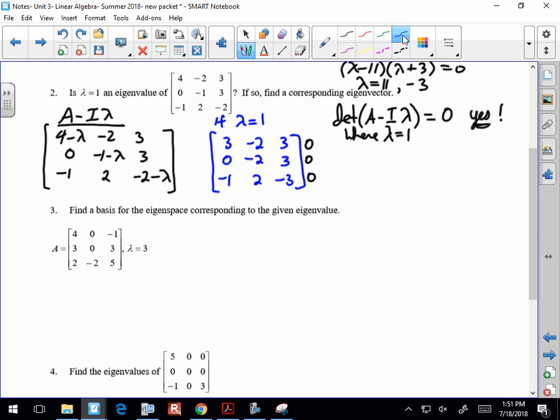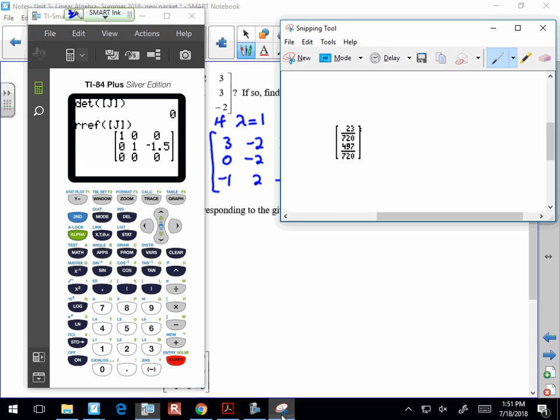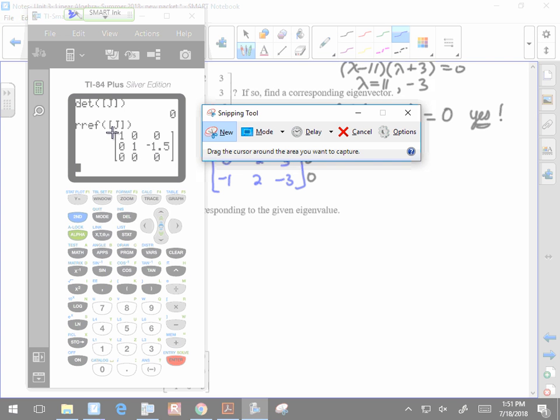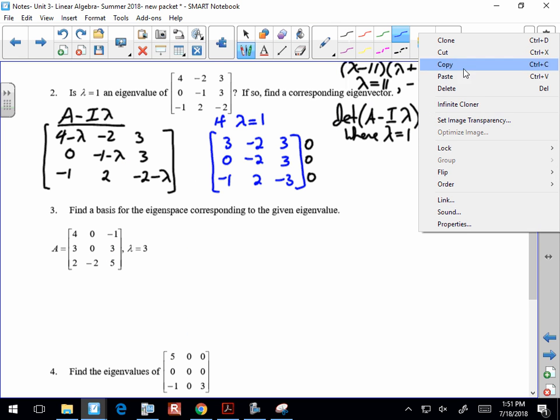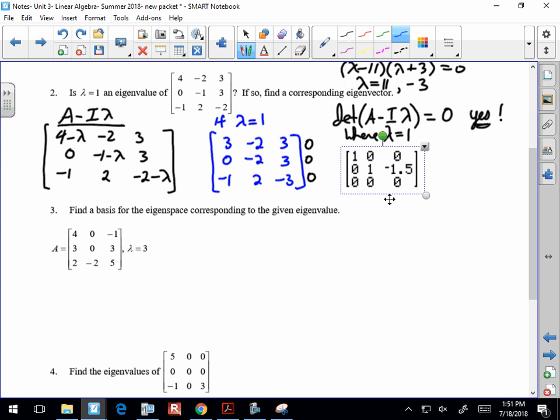All right, so let me just snip it. So we got this bad boy here. All right, so we're solving the equation A minus I lambda x equals 0. All right, so we're solving for x.